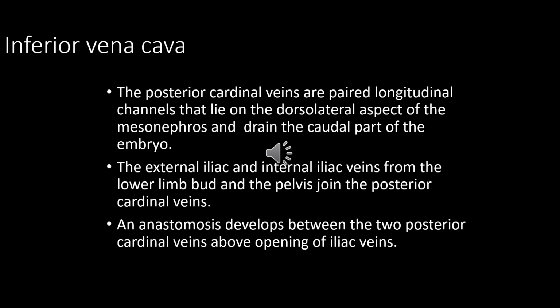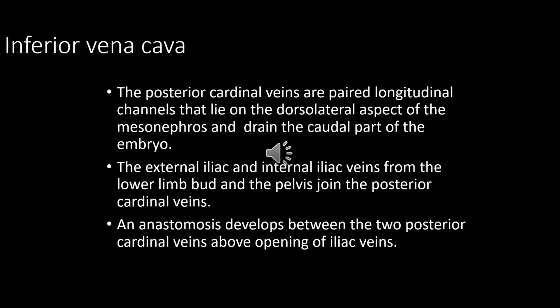Then it's on the right side of the abdominal aorta, and initially there are two posterior cardinal veins because they are paired primitive veins, and they will be developing close to the temporary kidney called mesonephros, and so they will be getting blood from the caudal part of the embryo.